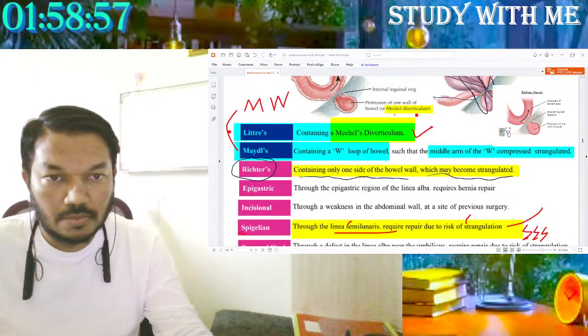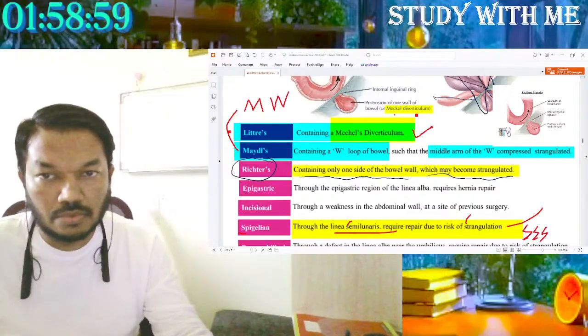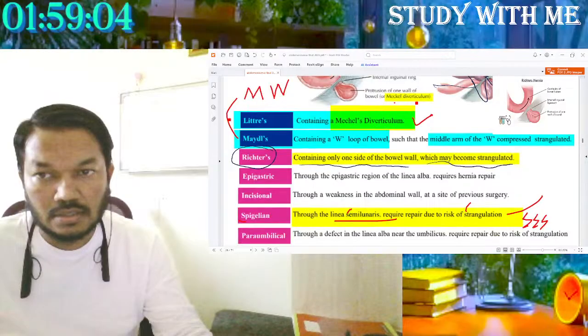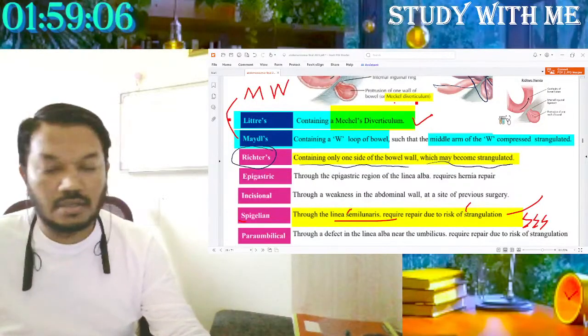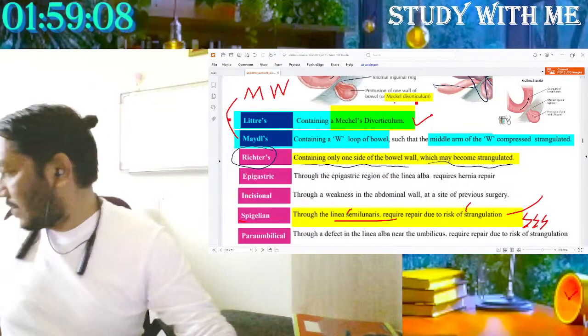Just try to remember the types of the hernia: Littre's hernia, Richter's hernia, and linea semilunaris.